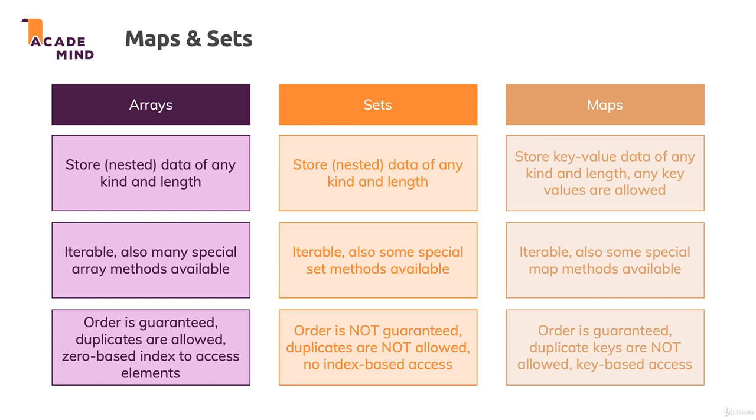Sets and maps have their niche cases where they can shine: for a unique value, which has to be unique in the case of sets, for large quantities of fast changing data in the case of maps, or if you have some use case where you have some data, let's say an object, where you want to attach extra data which you don't want to merge into the object, as we did in this example I showed you in this module, then you could also think about using a map to use the object as a key and add the extra data as part of the map instead of as part of the object.